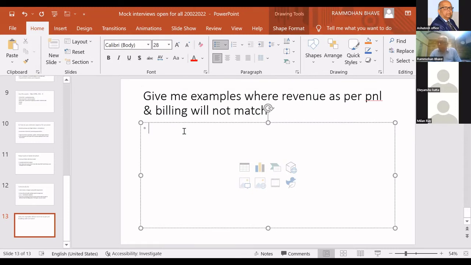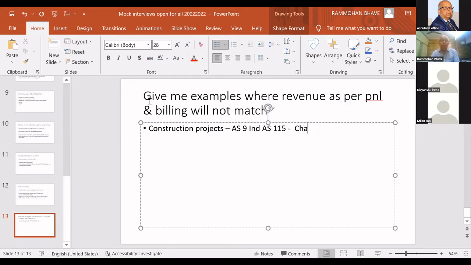Sir, in a project part where my cost has been recognized, so automatically as per AS9 accounting standard, I have to consider revenue. Construction project contracts. Right. Okay. So you told AS9 and you should also be able to tell Ind AS 115, including changes. Right. But yes, in both the cases, they will be different.